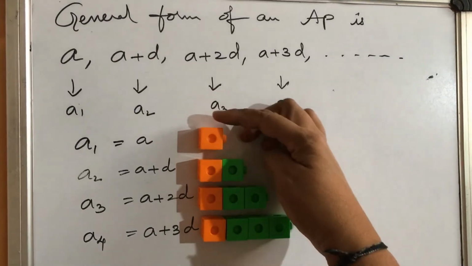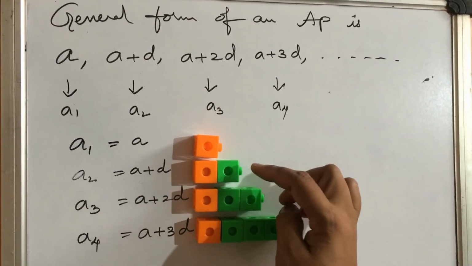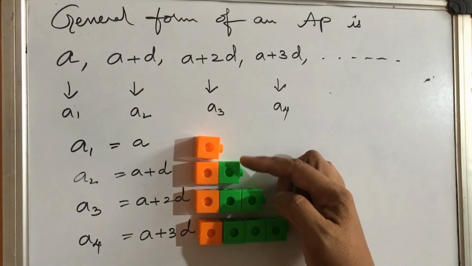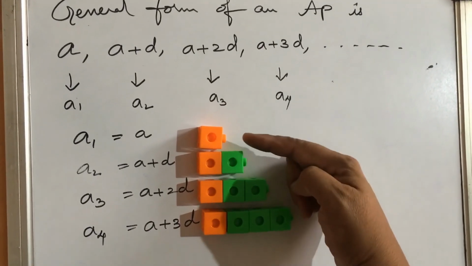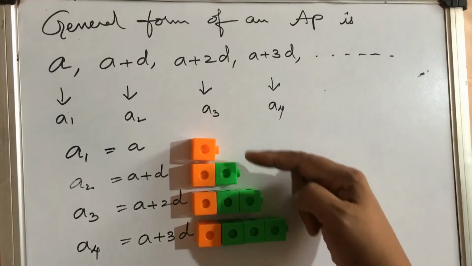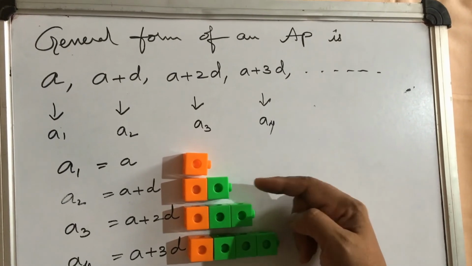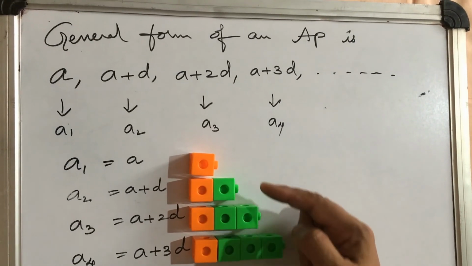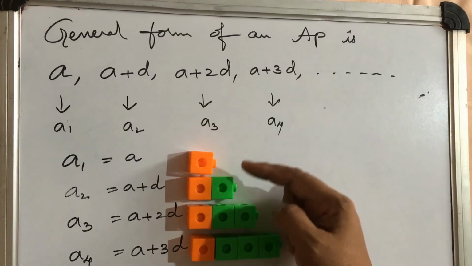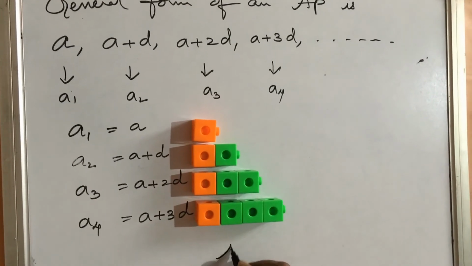So what we are seeing here is that between any two consecutive terms, a 1D gap is there. Here 1D gap, here 1D gap, here 1D gap. That gap is nothing but, as we all know very well, the common difference. As the common difference is the same between any two consecutive terms, it is said to be an AP.